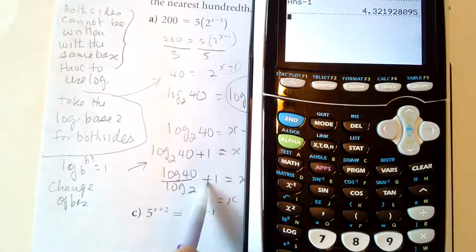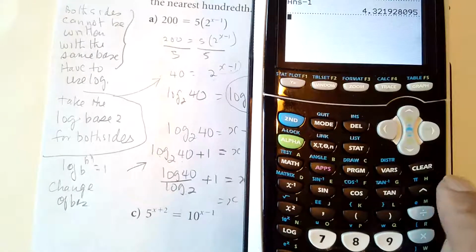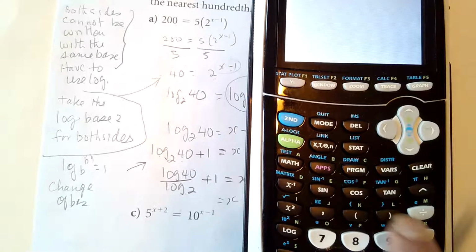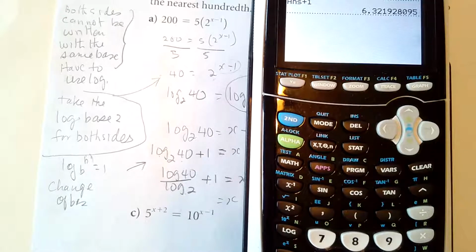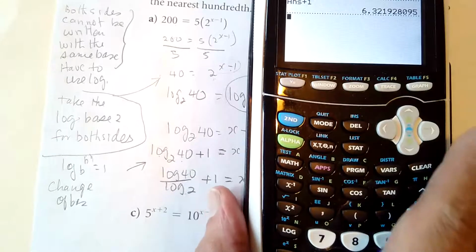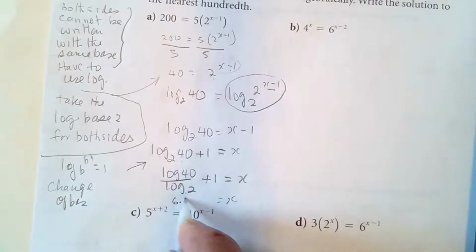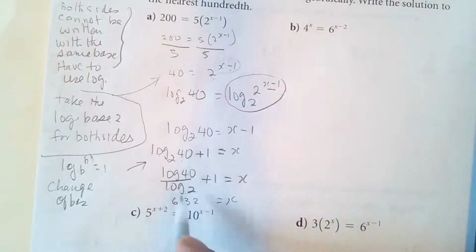Oops, plus 1. Okay, redo that. So log 40, divided by log 2, plus 1. You get 6.32 as x. So x is equal to 6.32.